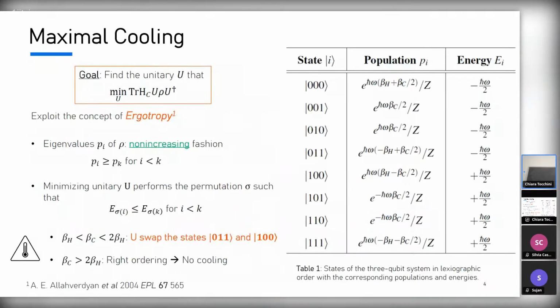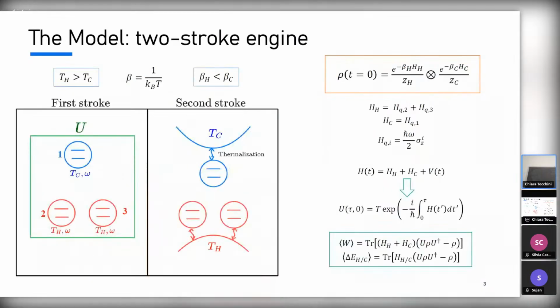The goal of this is to cool qubit 1 at expense of qubit 2 and 3.